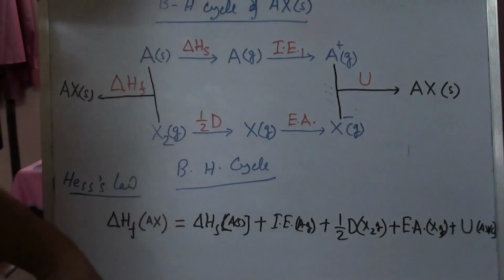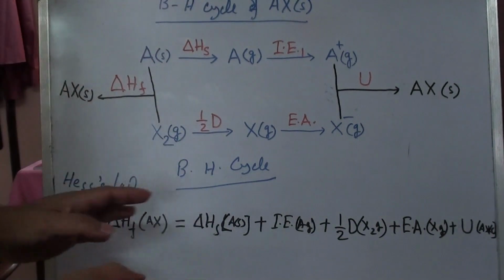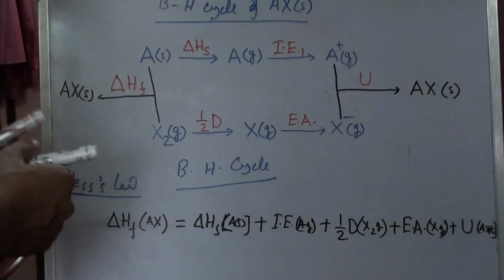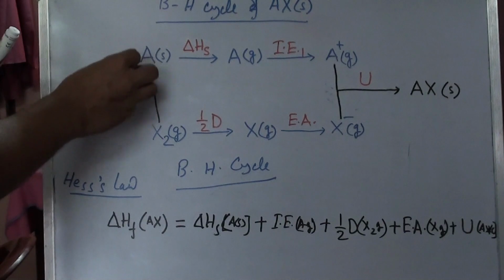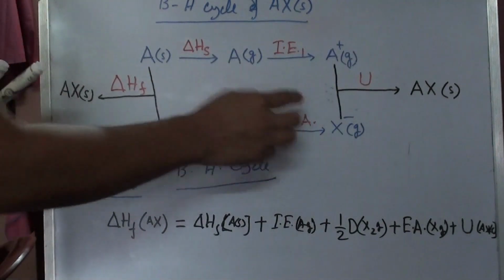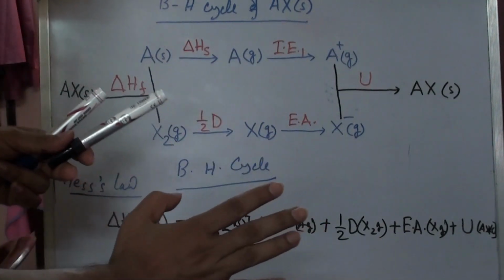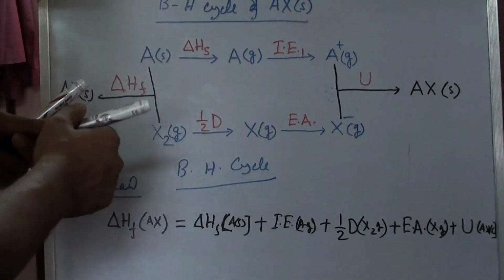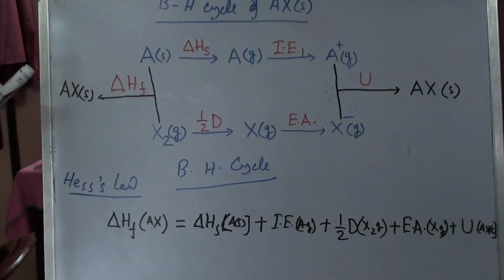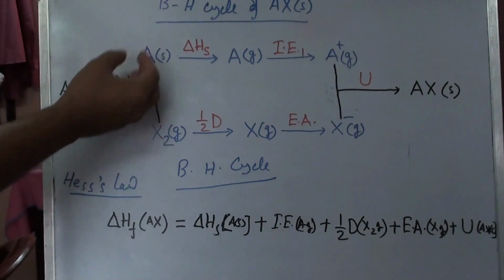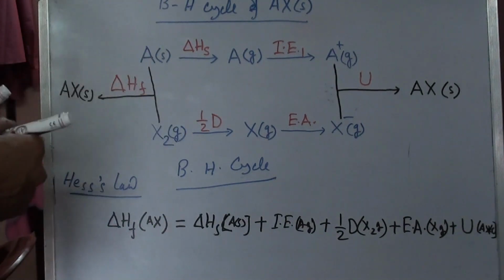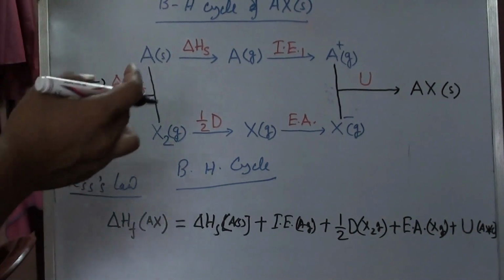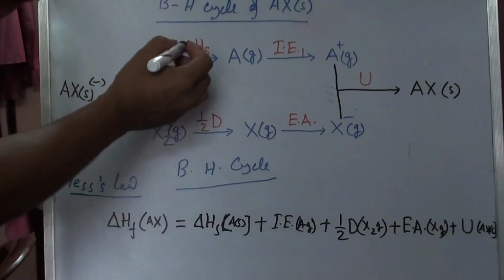Here I would like to say another important fact. As we know, in this cycle six terms are involved, and from a thermodynamical view, formation energy means energy released due to the formation, so it must be negative according to thermodynamics.